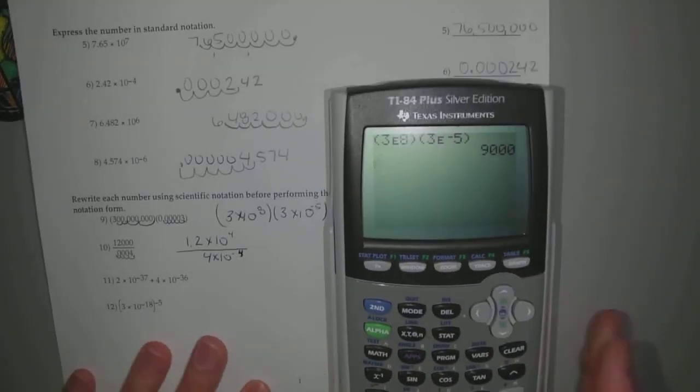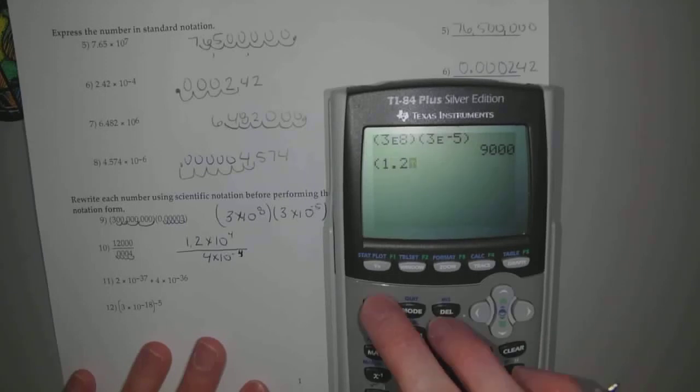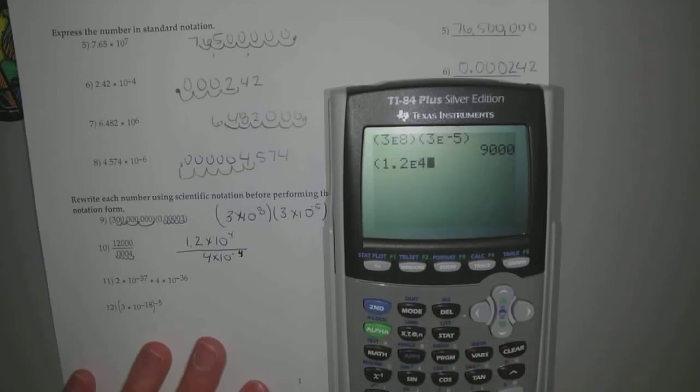So negative 4 power. Again, I had to move it 4 spots, but this time since it was representing a small decimal. When you do it on your calculator, I'm going to put in parentheses, 1.2 e to the 4th divided by 4e to the negative 4th. I hit enter. I get that.